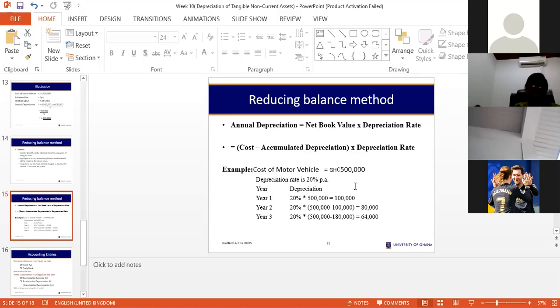So you realize that as the time goes by, the depreciation amount is reducing, and hence the name, the reducing balance method. Why? Because we expect that in year 3, the benefits from the usage of the motor vehicle will be lower than in year 1 when we initially bought it. So those are the two methods.